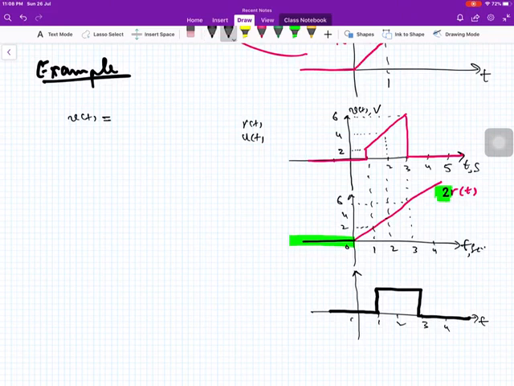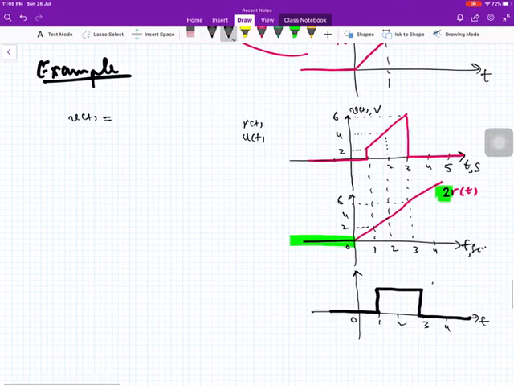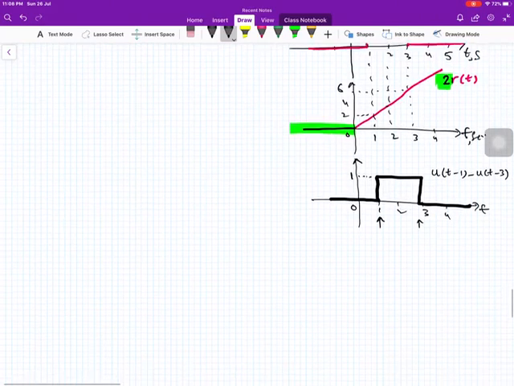While our origin is over here, this waveform is derived from the unit step function u(t minus 1), if its amplitude is 1, and there is another, there is a minus u(t minus 3).